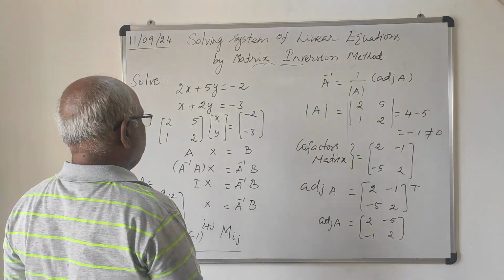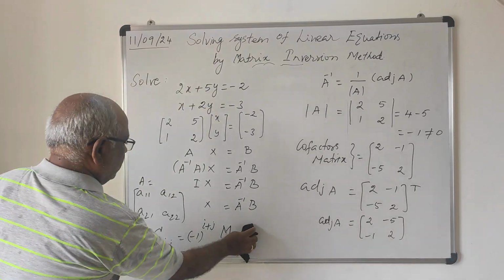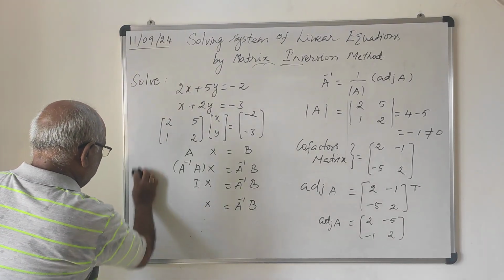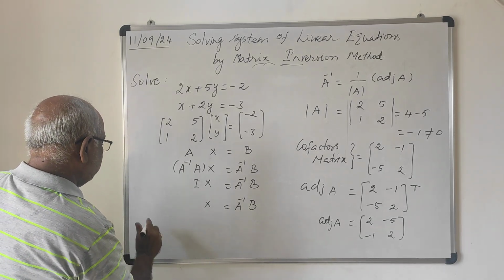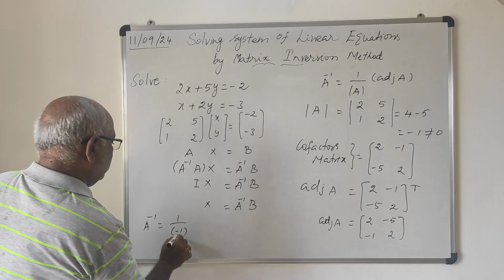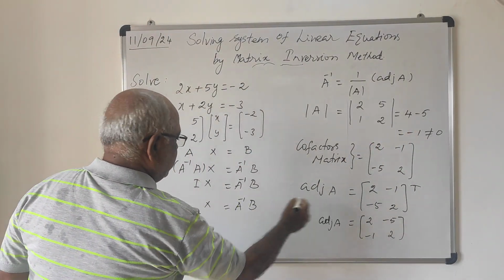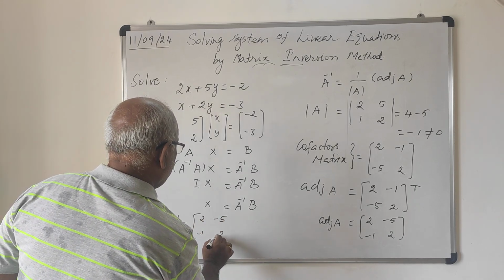What is 1 by mod A? Mod A is minus 1. I am correcting here. A inverse is 1 by mod A, and mod A is minus 1, into adjoint A, which is 2, minus 5, minus 1, 2.